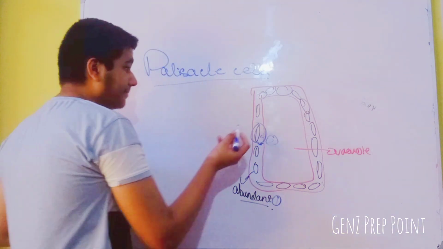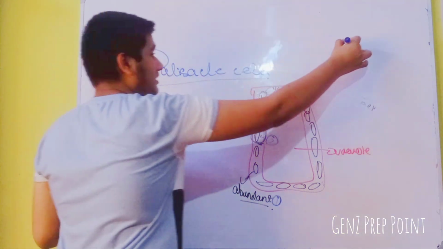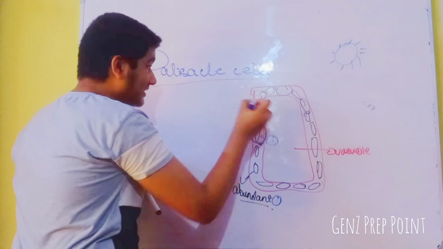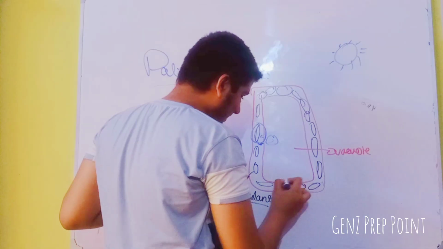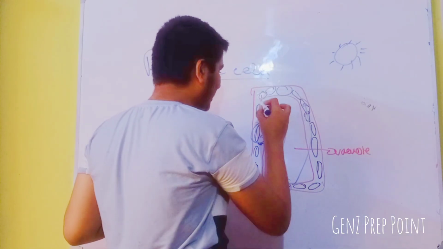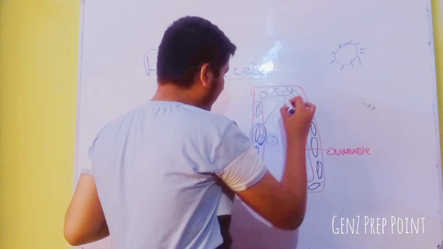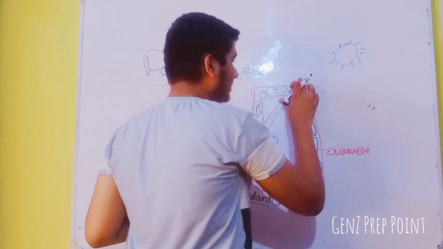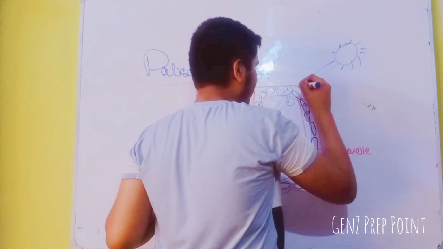Now the third point. Here is the sunlight. These chloroplasts will move. This will travel here, this will travel here, this will travel here. All chloroplasts will gather at the point where sunlight is reaching.